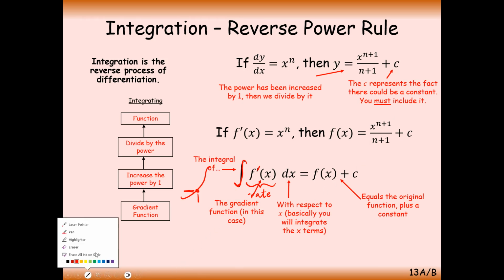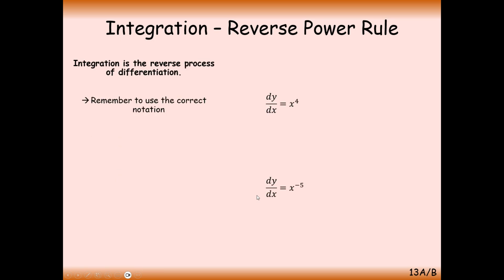Okay, so let's see some other examples. For example, when you're integrating, we want to know what was the original y. The original y is the integral of x to the power of 4 with respect to x. Pause the video, have a go at it. What is it? First, we're going to add 1 to the power.